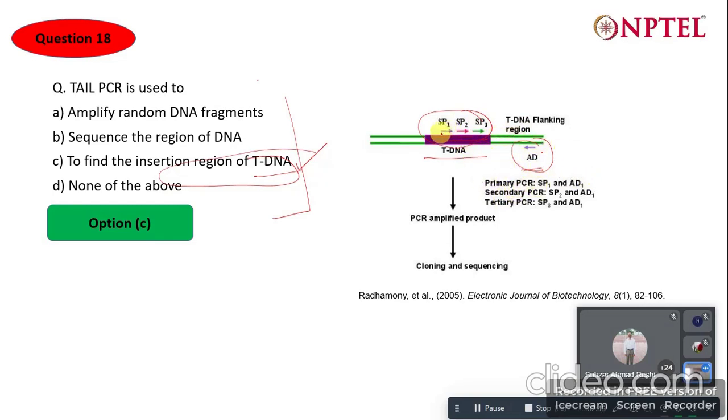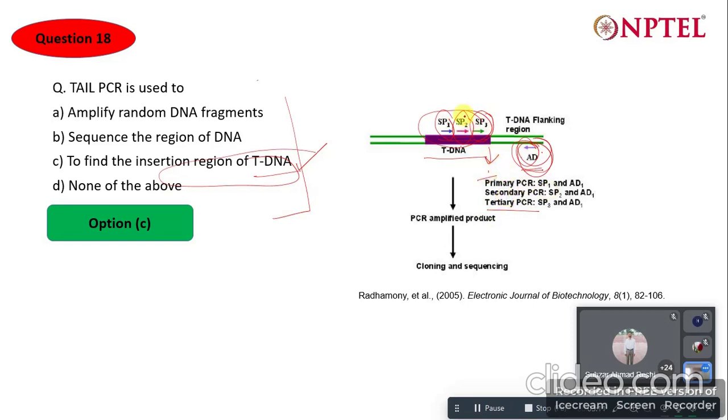For example, this is the SP1 primer and the AD primer. We set up a primary PCR using these two. Then the PCR product is used for another PCR using the primers SP2 and AD. Then followed by the tertiary PCR, the third PCR, set up with SP3 and AD.